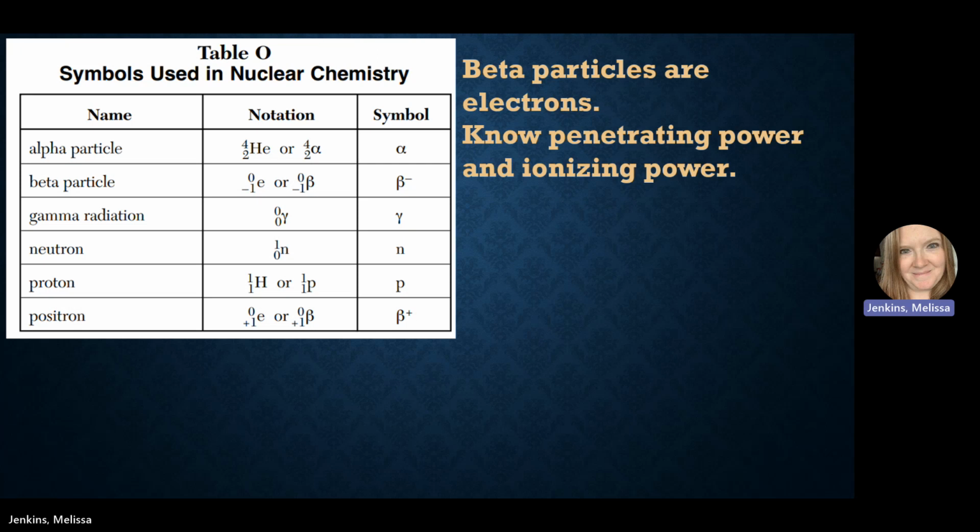So in order, it goes like this, alpha, beta, gamma. This end, alpha, has the most ionizing power. And this end, gamma, has the most penetrating power.